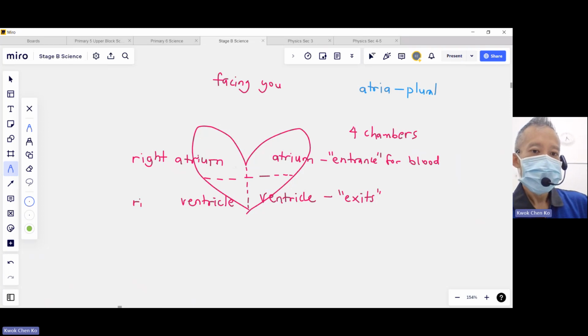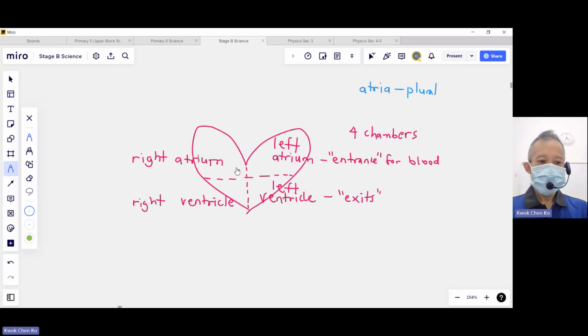So right ventricle. That's how we separate into the two atria and the 2 ventricles. So please add in the words left and right. I'm going to erase the words facing you, but make sure you realize that it's always facing you, even for your test and exam, unless they tell you otherwise.